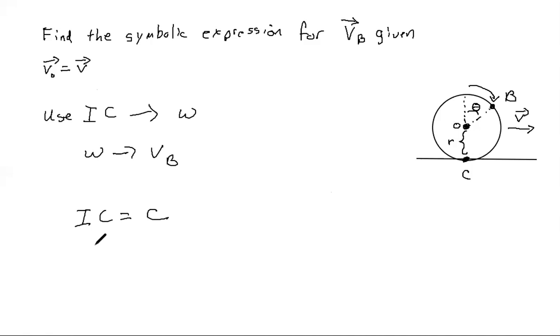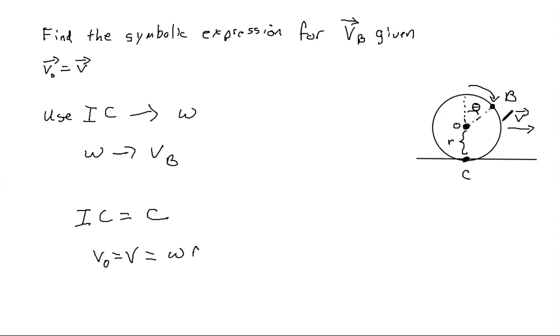And then how can I find omega? To figure out omega, I need some point where I already know something. The place that I already know about is that the center of the wheel travels with a velocity v. So the velocity at point O, which is just going to be v, the scalar analysis of this would look like v equals omega times r.